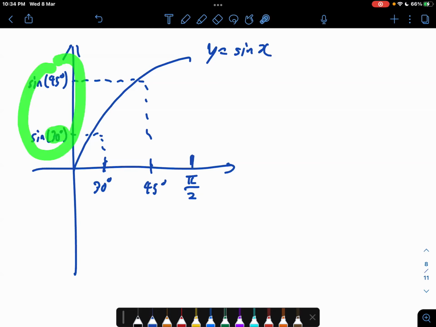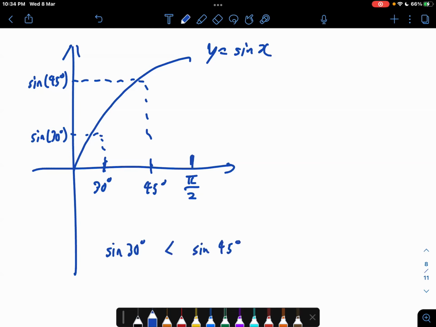Do you notice that sine 30 is below sine 45? Yes, from the graph. So that must mean that sine 30 degrees is less than sine 45. But you started with 30 degrees less than 45 degrees. So when you apply sine here, the inequality direction doesn't change. That's only because this part of the curve is monotonically increasing.